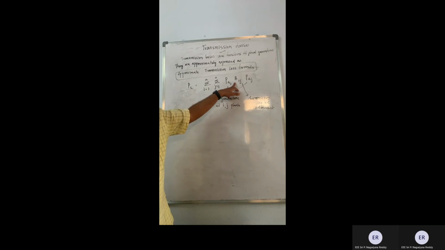And these B terms, normally referred to in the literature as B terms, are considered as transmission line loss coefficients.